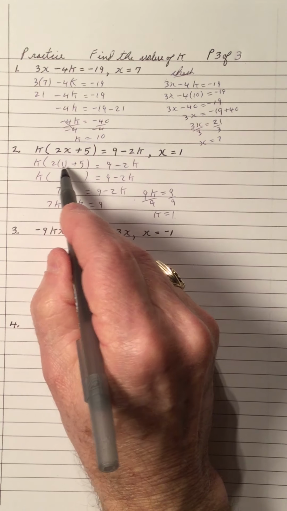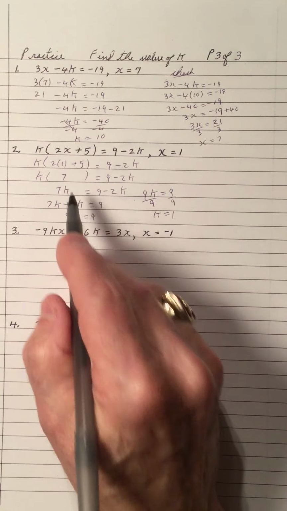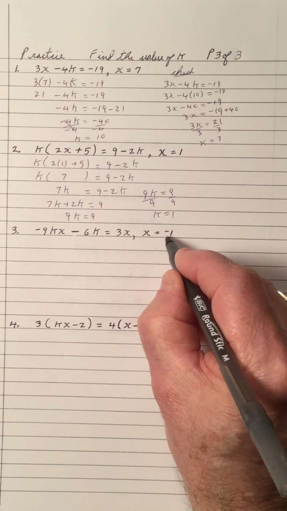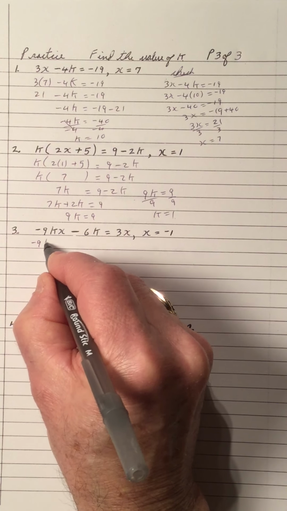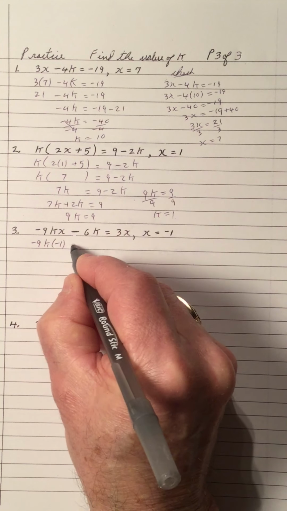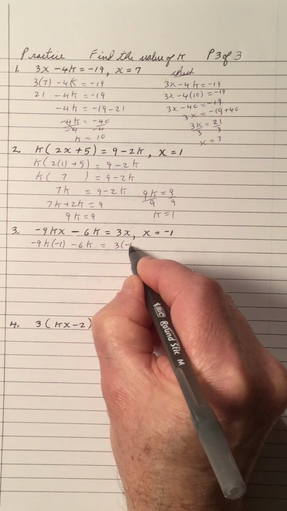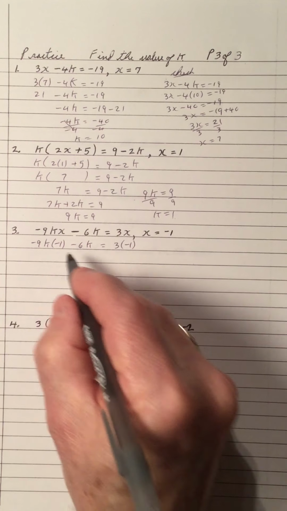1 goes in the place of x, simplify the inside of this bracket, and then solve for k. That's the same as you're solving for x. X is negative 1 in this one. So negative 9k, x is negative 1. So negative 1 went in the place of x, then I simplify.